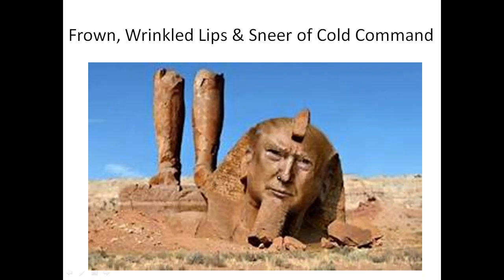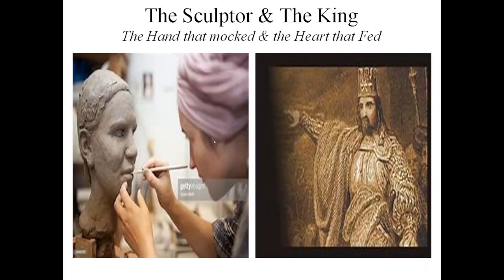Look at the face, and here is the sculptor, and maybe the king. It is the hand of the sculptor, the hand that mocked and the heart that fed. So the poet is talking about the hand of the sculptor, how wonderfully he could copy or mock those emotions which he felt in his heart.